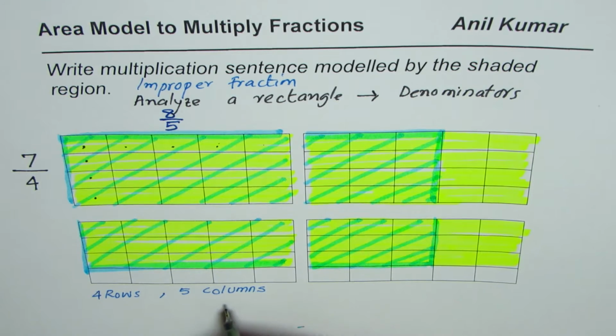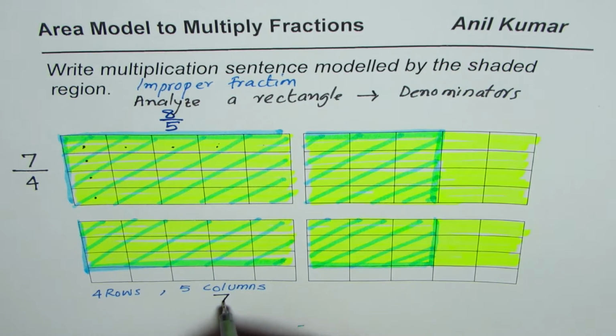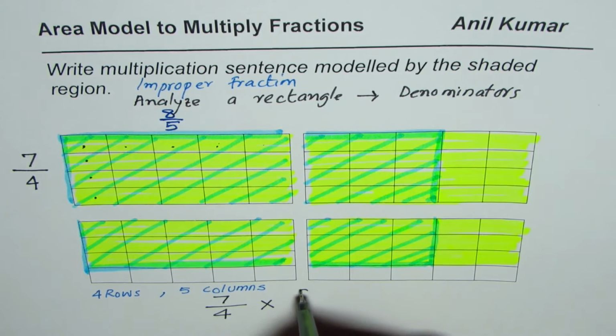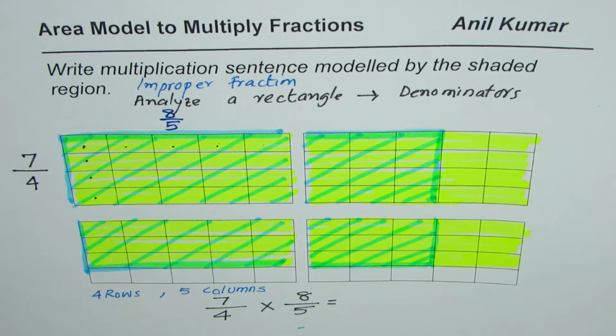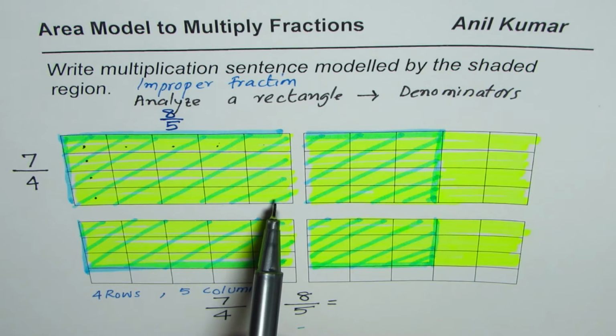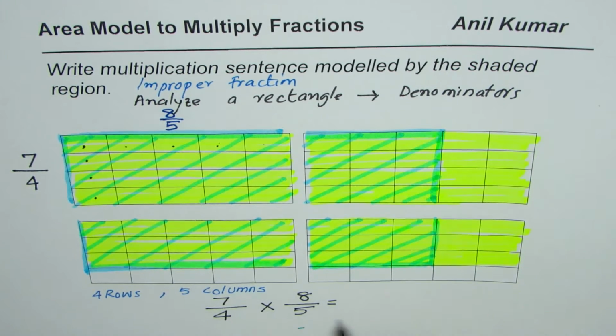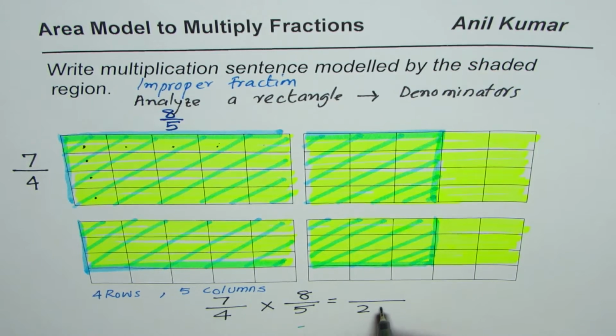So we can write this as 7 over 4 times 8 over 5. Now how to get the answer? When you do 4 times 5, you get the denominator, and 4 times 5 is 20.